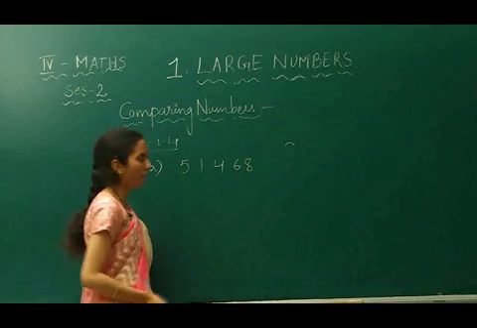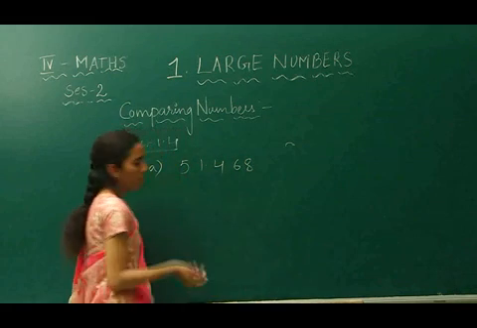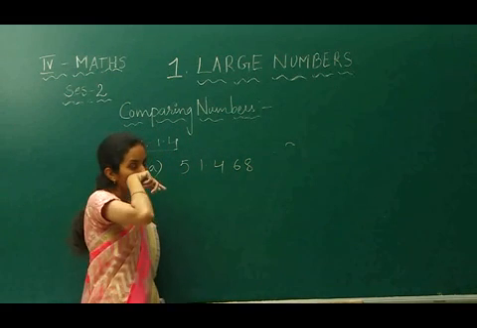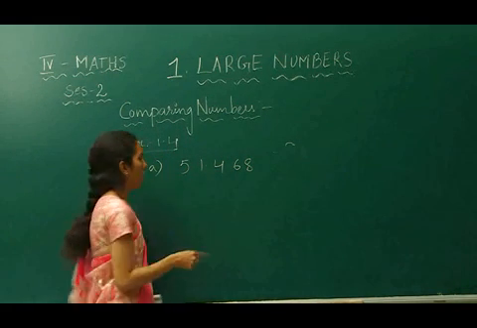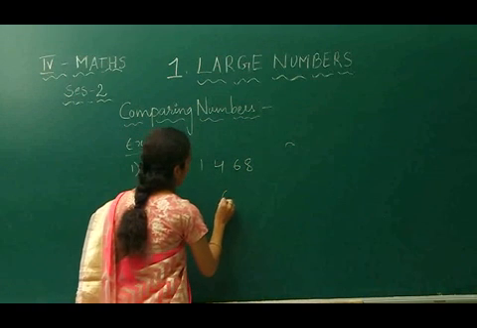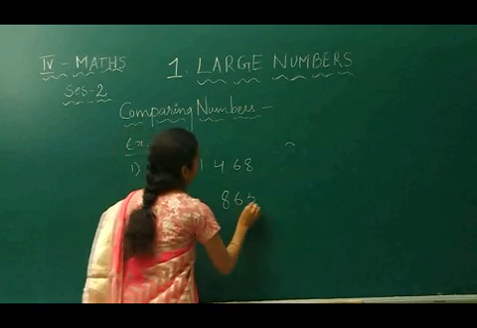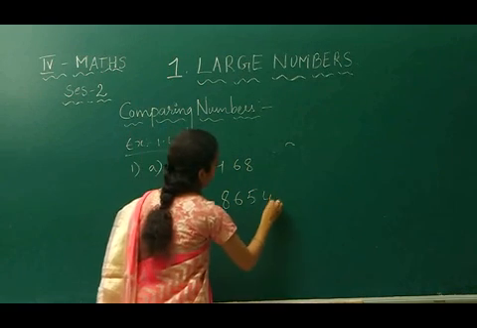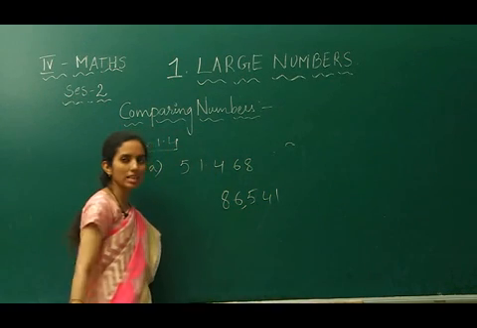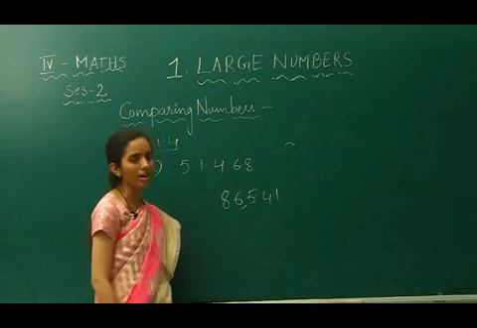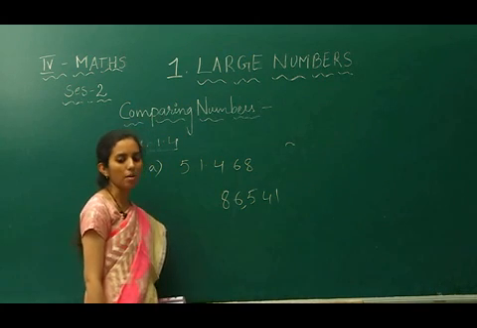This is the given digit. So, how can we do it? By arranging in descending order. 8 is the biggest number: 8, 6, 5, 4 and 1. 86,541 is the possible greatest number.